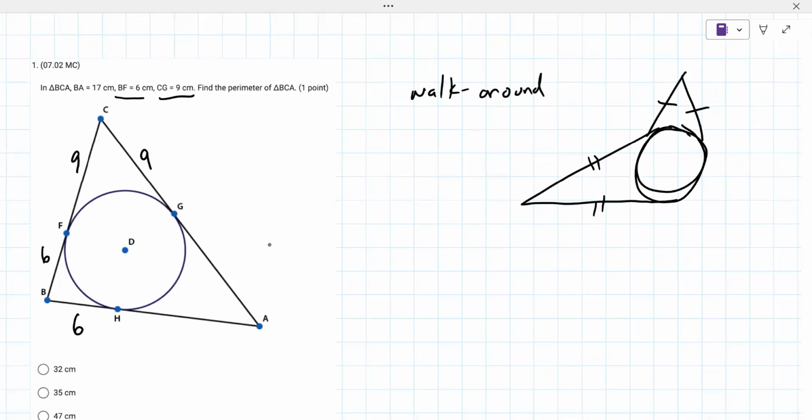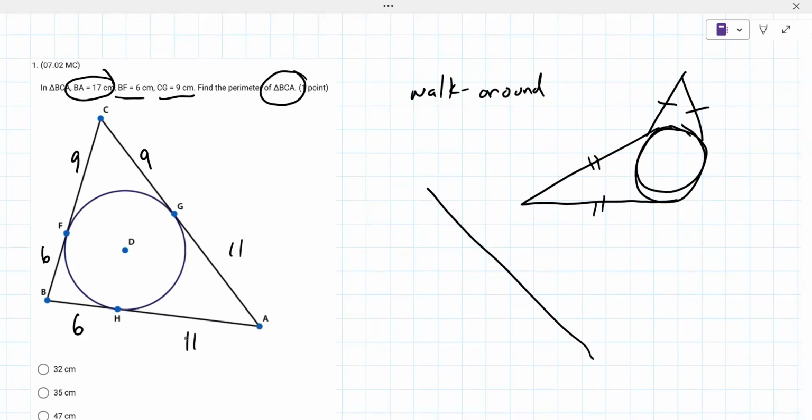Now they're telling you that BA is 17. That's this length here. So the whole length is 17. What must HA be? If it's going to 17, then HA is 11. Yes. So that means that the other one is 11, and they're asking for the perimeter of triangle ABC.